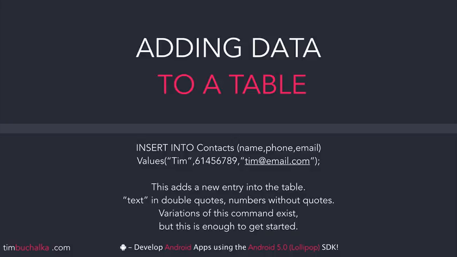So that's how you'd go about adding a new record in the table. And again, just to clarify, if the field that you're adding data to is text, you put the text in double quotes. Numbers haven't got quotes. Now, there's lots of variations of this command. For example, we could do away altogether with referring to the fields. We could just put the values in there, but this is enough to get us started for now.